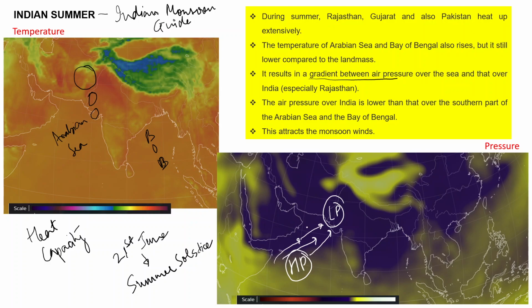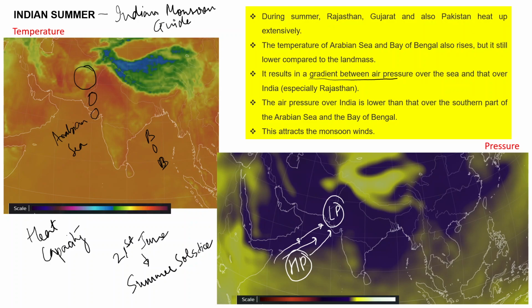Now, interestingly, Rajasthan lacks any major orographic feature. No such high mountains in Rajasthan. So therefore, these moisture laden winds are able to cross Rajasthan and then they enter the central and northern Indian portion.